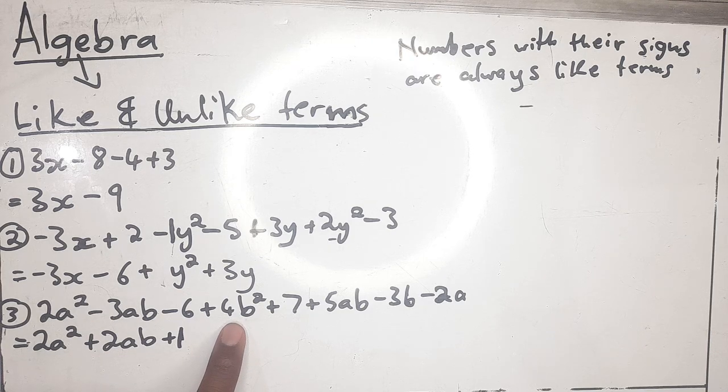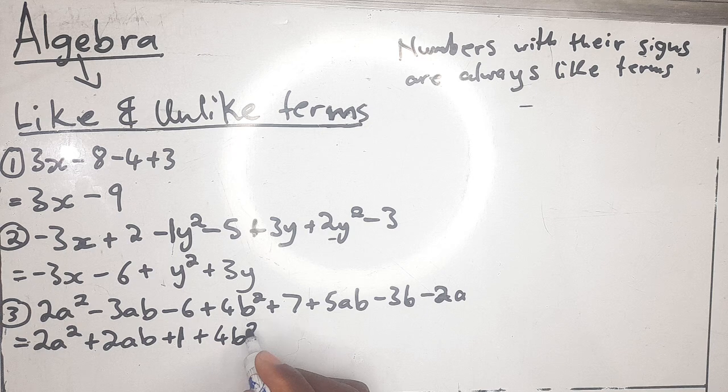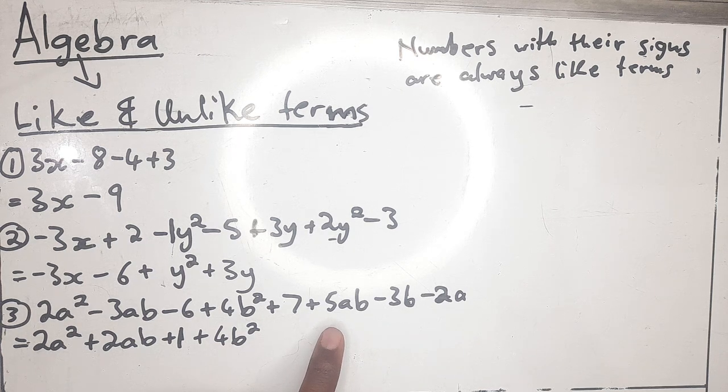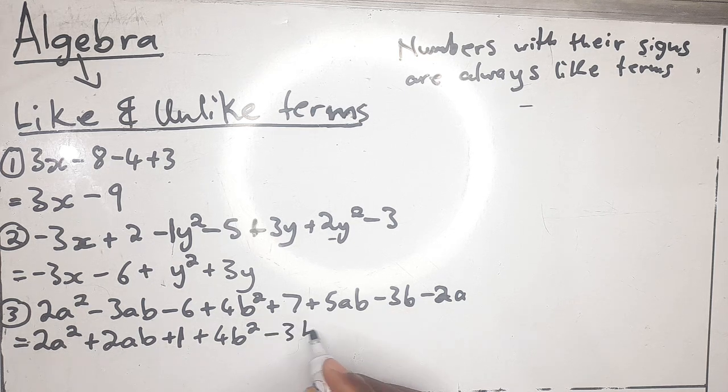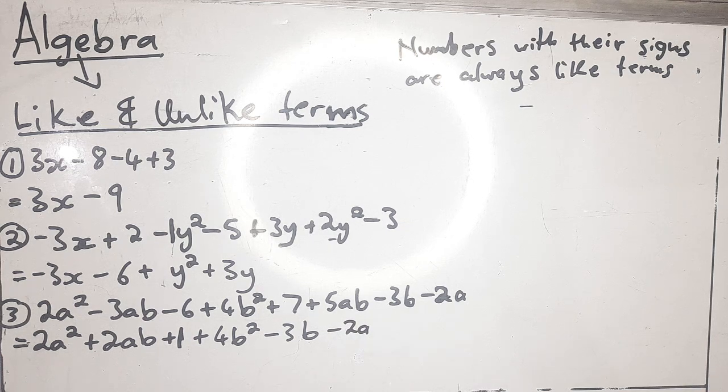No. So it's by itself, it's going to remain plus 4b squared. Then 7 is done. Moving to b, any term that ends with b? No. So it will remain 3b, and that one will remain minus 2a. There. Moving to the next one.